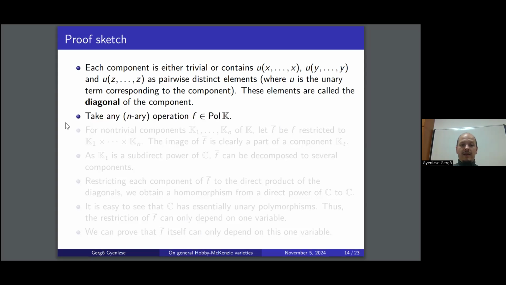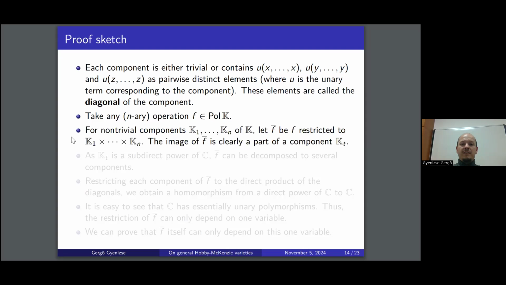Now we can take an operation that is compatible with the graph K, and K is not a connected graph. So an operation will work piecewise. To tell how an operation on K works, we take connected components K1, K2, Kn of K, and F will map a tuple such that the i-th coordinate is from Ki to some other connected component, let's say Kt.